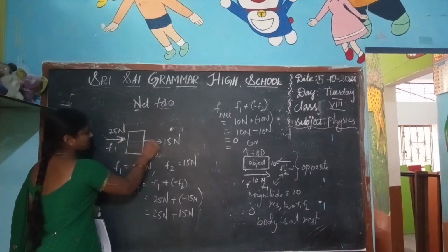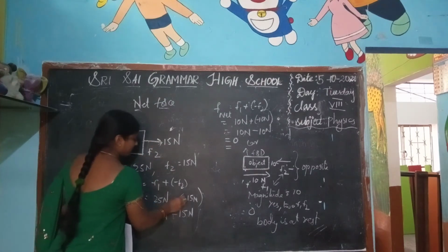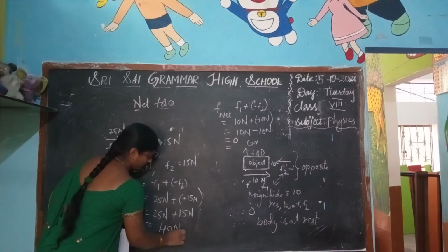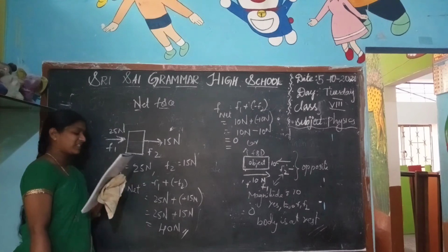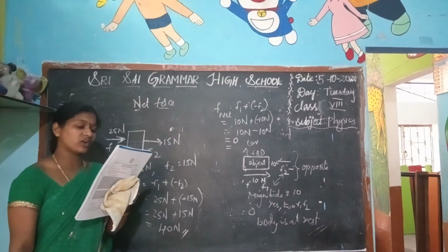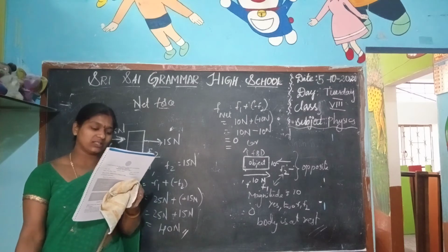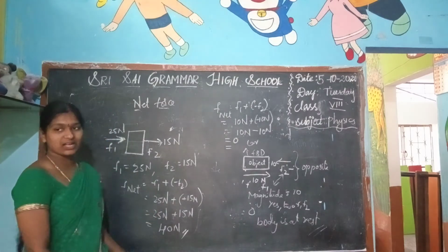These are in the same direction, so it becomes plus 15 N. So 40 N. F1 is positive and F2 is also positive, so by this we can conclude that the body is in motion.